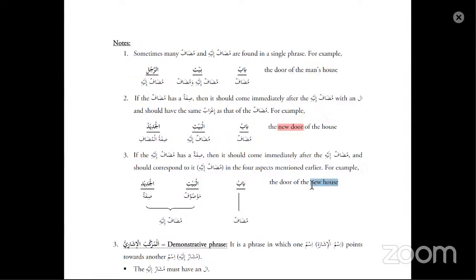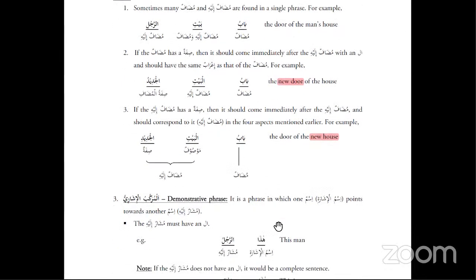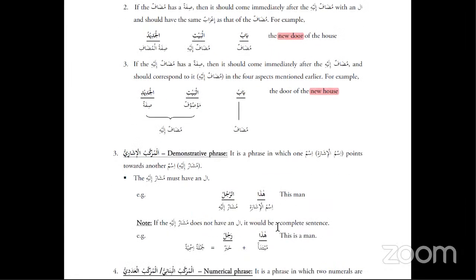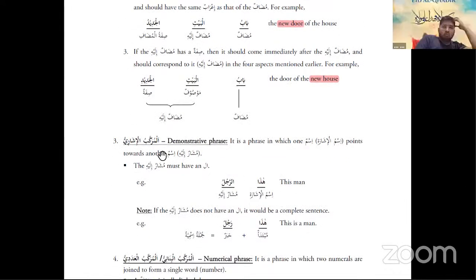Note: if the mushar ilayh does not have an al, it would be a complete sentence. Haza rajulun. Okay, let me read this. Al-murakkab al-ishari, the demonstrative phrase.